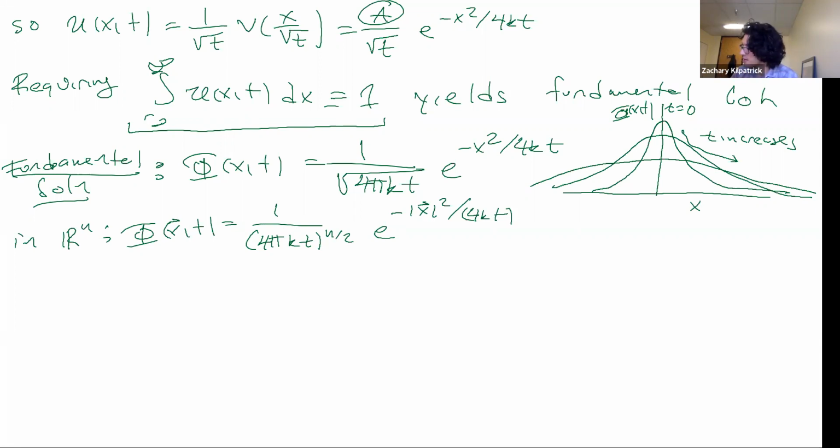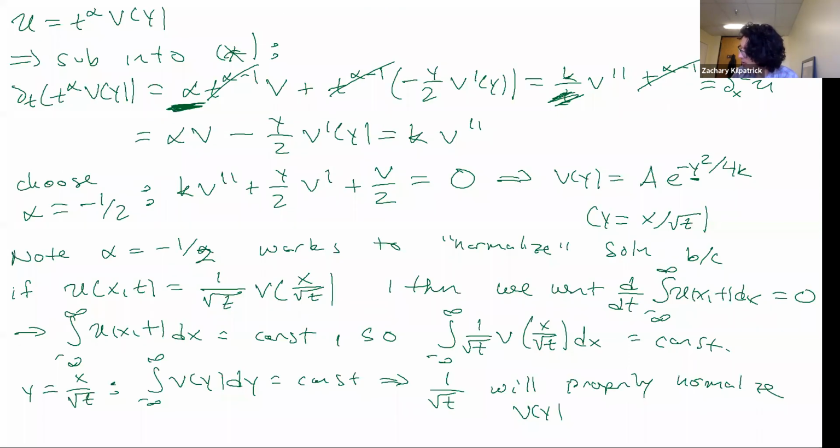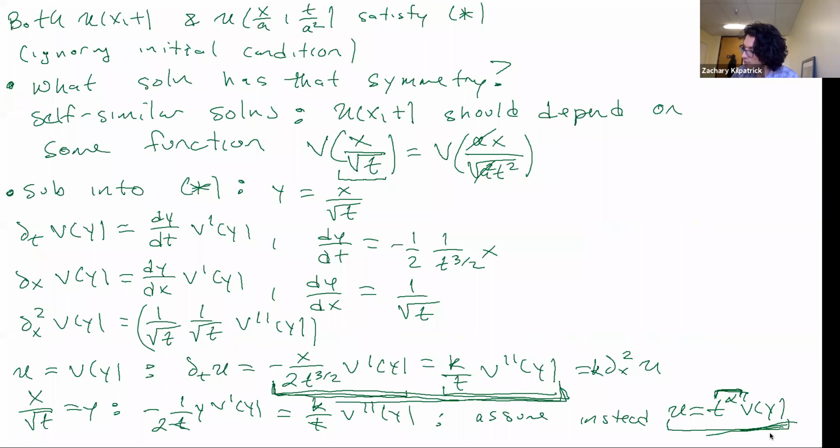So let me just recap that, because I got a little messy back there. We started off by noting that u had to be self-similar, and so any function that determined u would have to have an argument that depended on x over the square root of t.